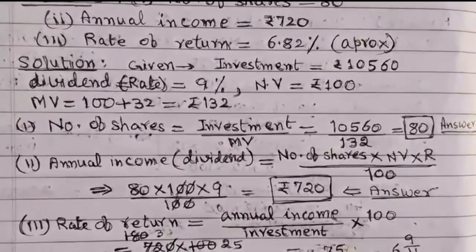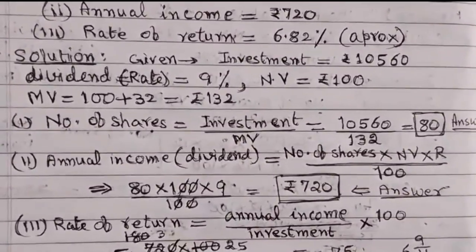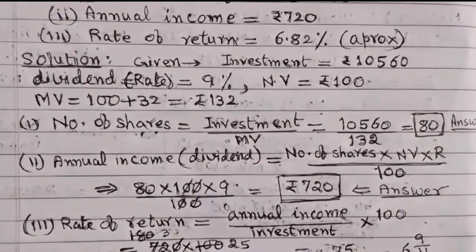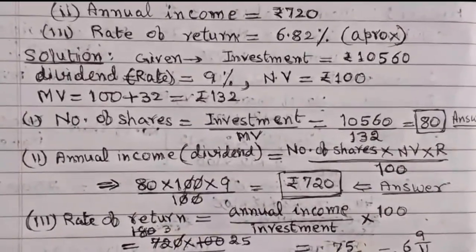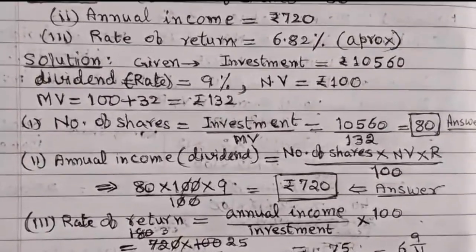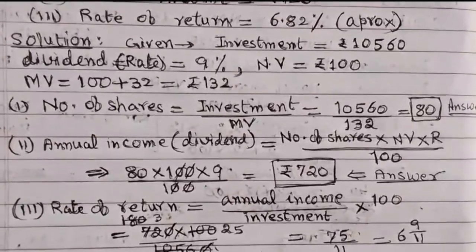Answer to question number 3 is given. Investment is 10,560. The rate of dividend 9%. Nominal value rupees 100. And market value is rupees 32 premium, that is 32 more than nominal value, that is market value is rupees 132.